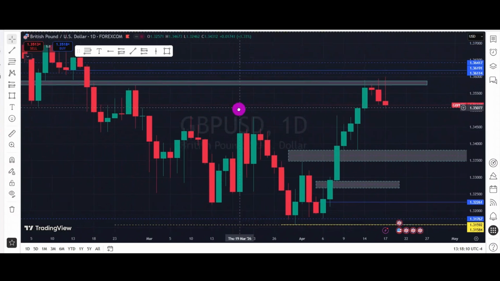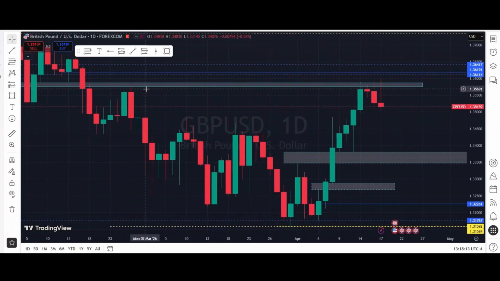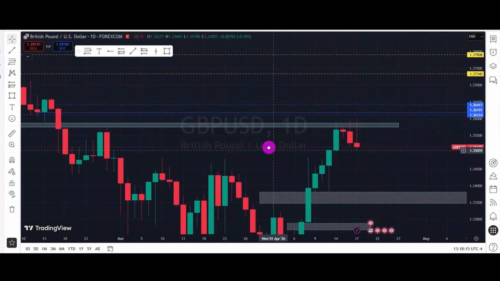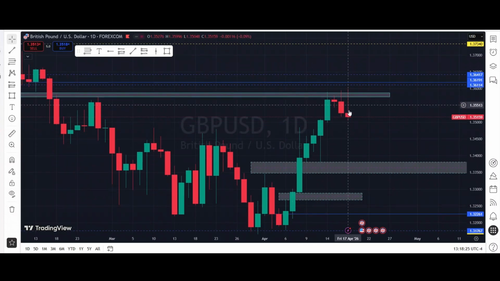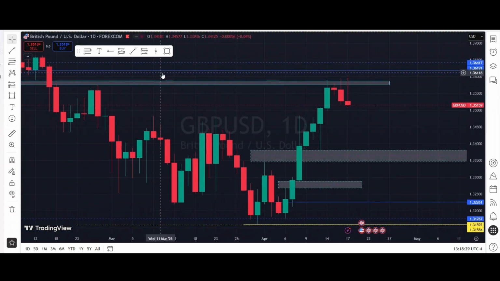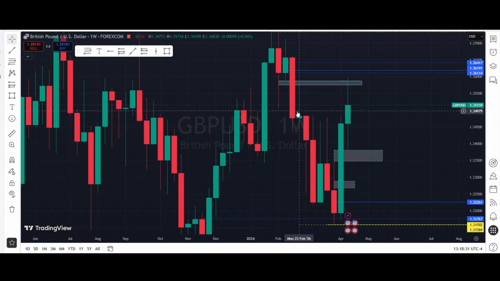It has also cleared this high on the daily time frame, the all-time high, and at the moment is respecting the fair value gap on the weekly time frame. It might go up a little bit before dropping, but we want to see price rebalancing itself to fill all this inefficiency in the market that has been created, the weekly gap, maybe it might get to this level.